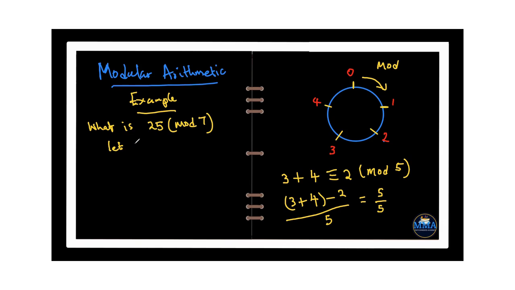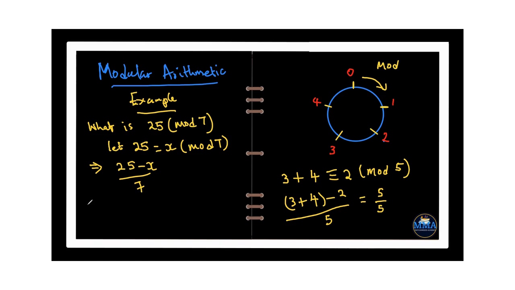I can say let 25 be x in mode 7. So what this implies is that 25 minus x, 7 must divide whatever x is. If I subtract x from 25, 7 should be able to divide it.